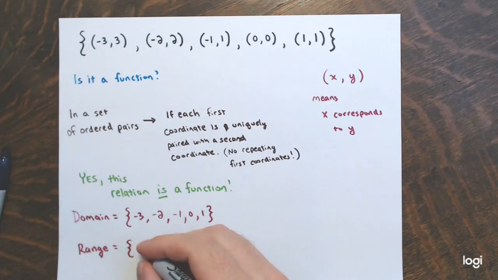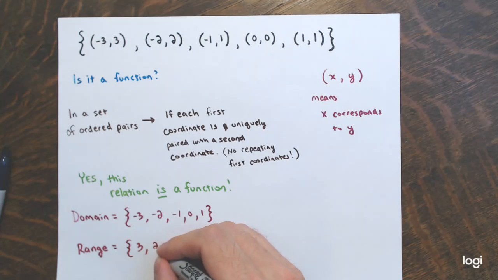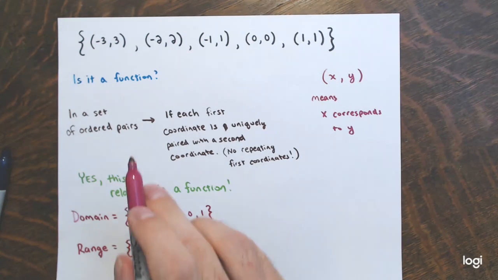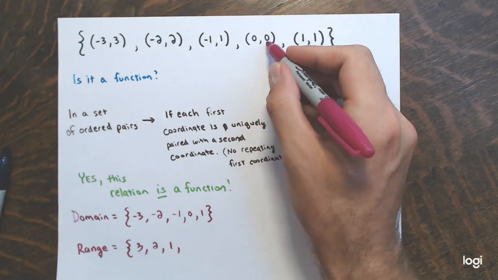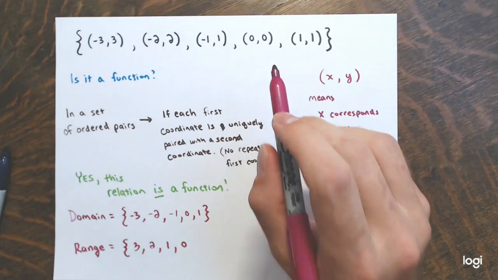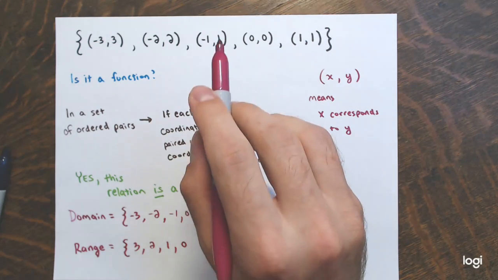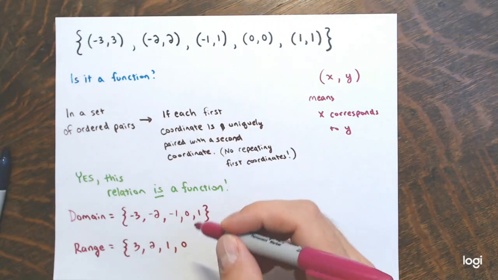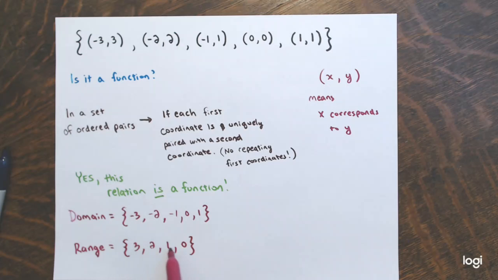The number 3 is in there. 2 is an element that's mapped to or corresponding to negative 2. 1, 0 is a second coordinate. And then 1 again, but there's no need to write 1 again. I've already mentioned that 1 is in the range from this ordered pair. So there's no need to repeat anything. Just close the set. These 4 numbers are in the range.